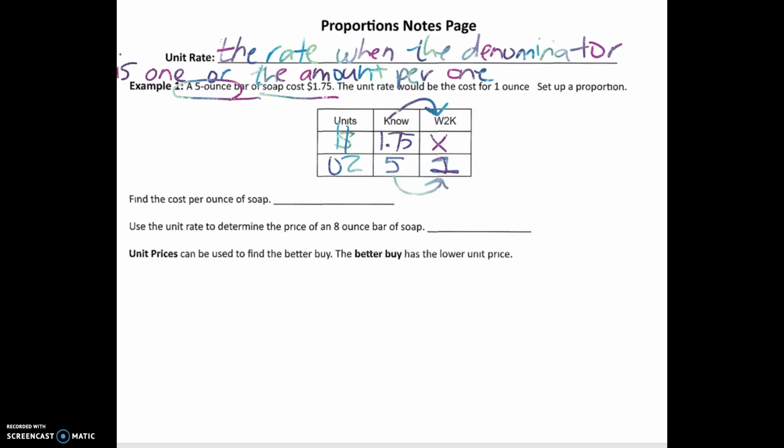If we have to go towards the unknown, then we have to get from 5 to 1, which would be by dividing by 5. Anything divided by itself gives us 1. So if we divide the bottom by 5, that's the same thing we have to do on the top as well. So we're following our pattern for our proportion.